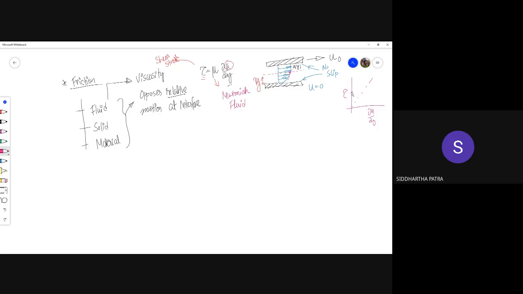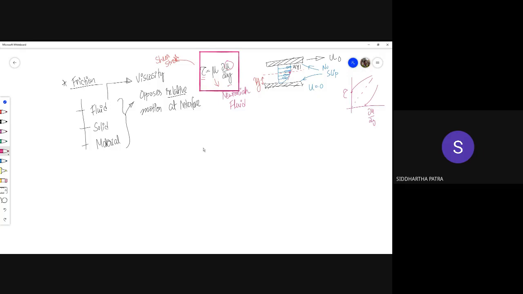Sometimes they have x or y intercept, and most of the times they are non-linear. And there are different categories of viscosity, and this happens to be the type of Newtonian fluids.